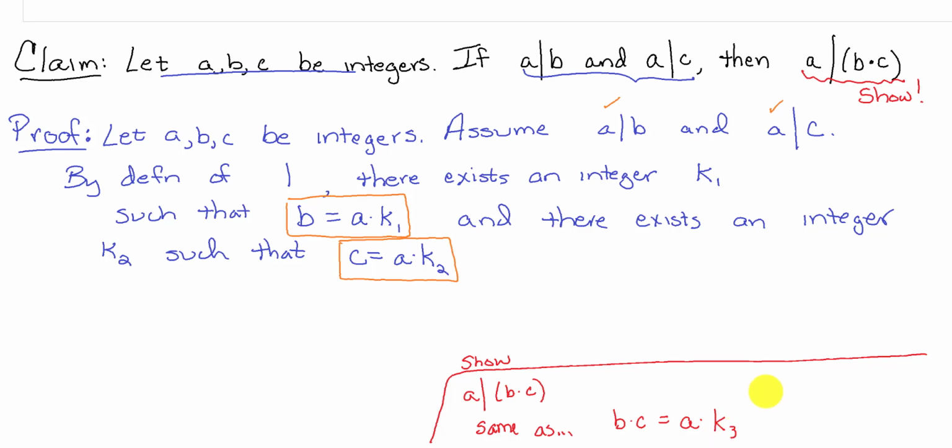So this is my goal. If I can get to this little equation here, B times C equals A times K3, I've shown the claim. I've met my mission here.